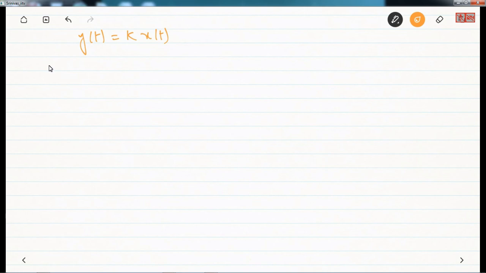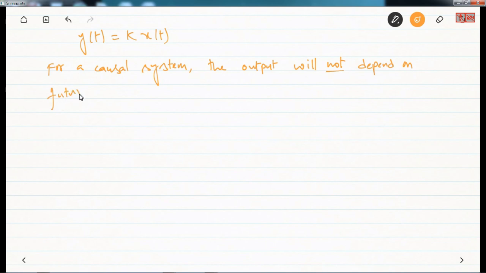So for a causal system, the output will not depend on future inputs.